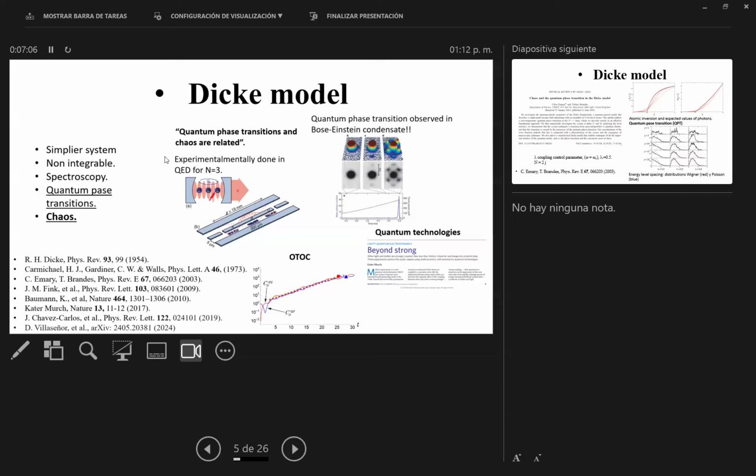On the experimental side, it was done in QED systems for n in 3, and also the quantum phase transition was observed in Bose-Einstein condensates. That is so nice because it's not only theory, it's an experimental system, and it implies that it is so useful in quantum technologies using some properties of this Hamiltonian or this model.